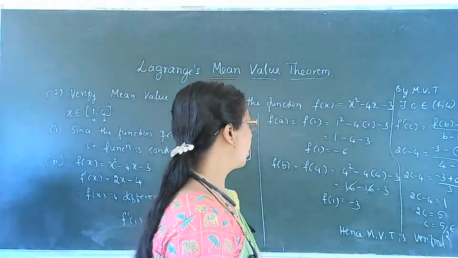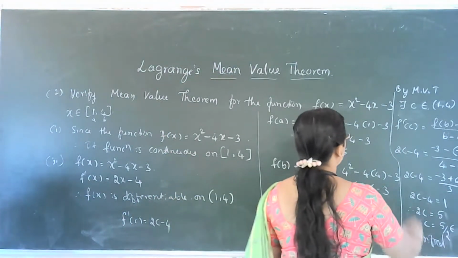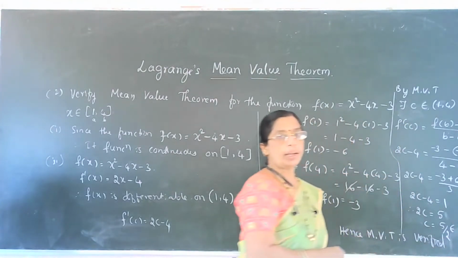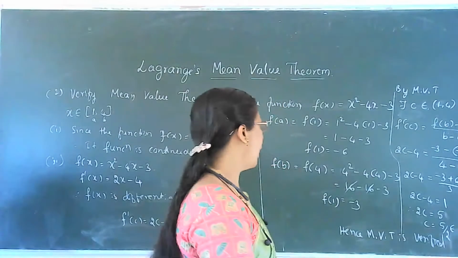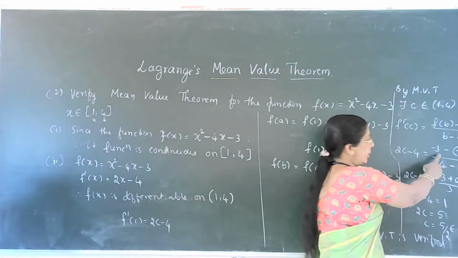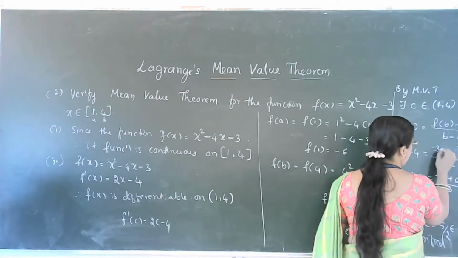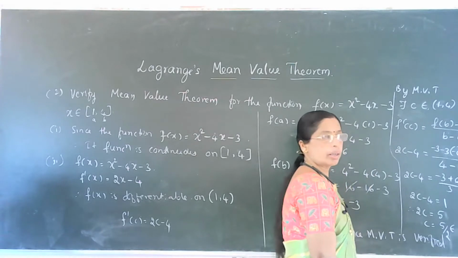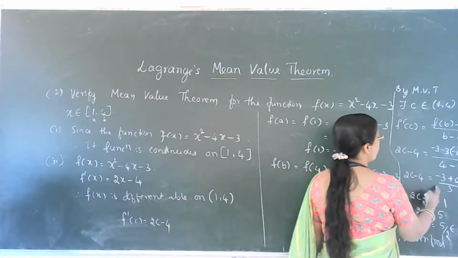Consider there exists c in (1, 4). We find the value by f of b minus f of a. 2c minus 4 is equal to minus 3 minus minus 6, divided by 4 minus 1.